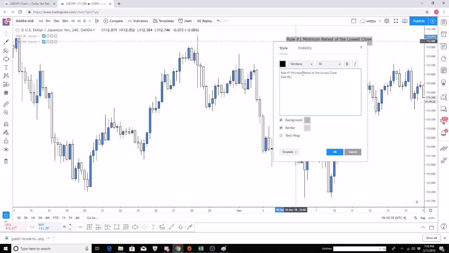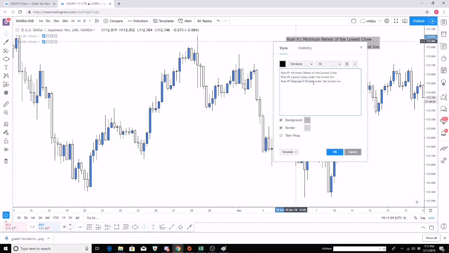Rule number 2. Then rule number 3: stops go 5 to 10 pips under the lowest low.